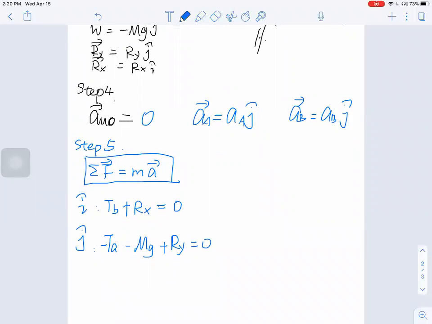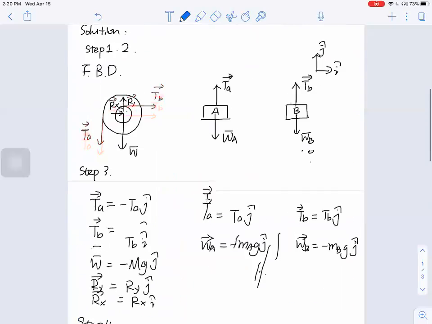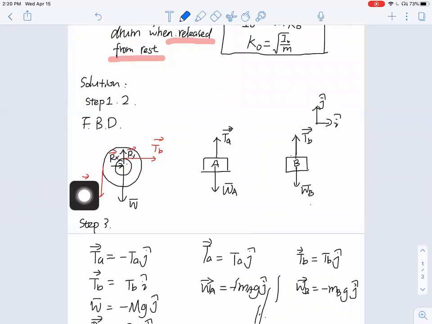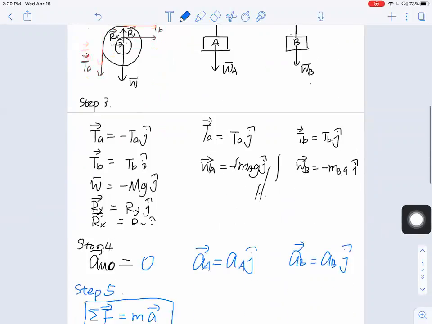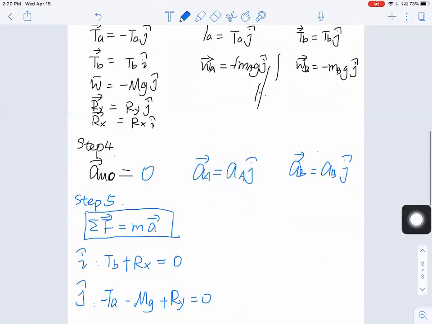All right, now we have 2 equations just from the first mass. And let's look at this for the second mass. What we end up with for block A is all the forces for block A and B are in the J direction. So we only should have equations in the J direction.